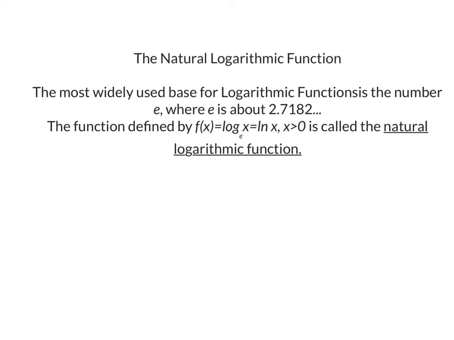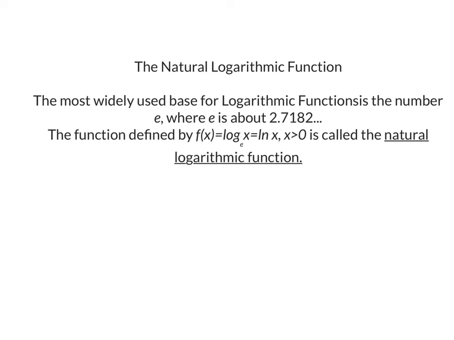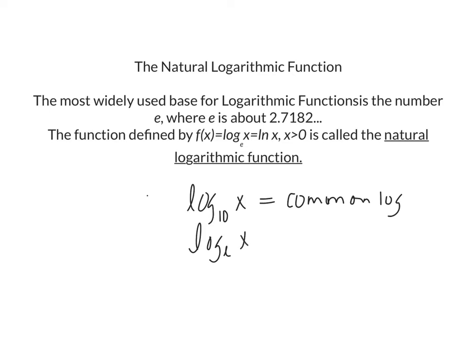Up until this point we've used log base 10 of x, and we would call that the common log. Now we're looking at log base e of x, and that's the same thing as ln. So if you ever see ln on your calculator, it means the same thing as log base e of x. We call it the natural log.